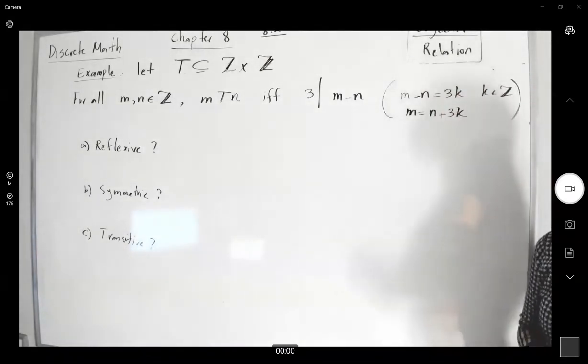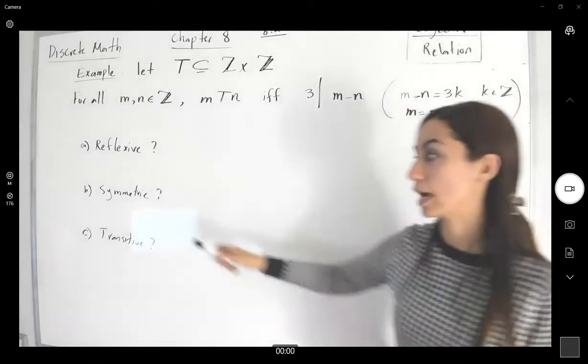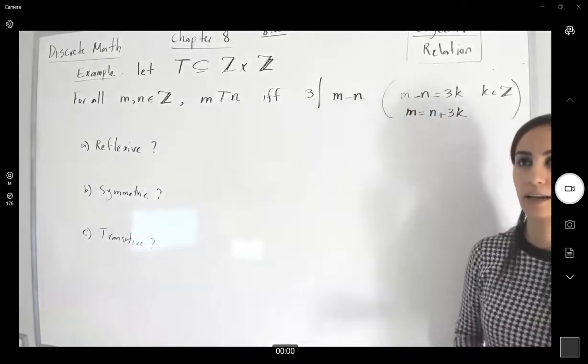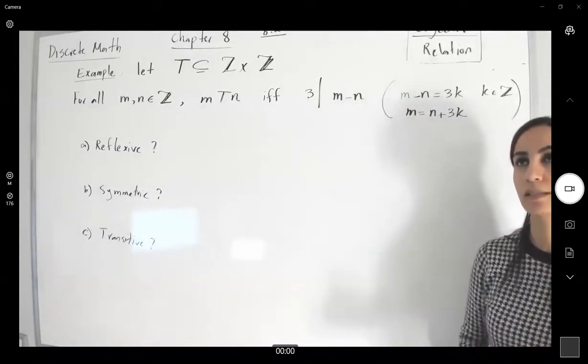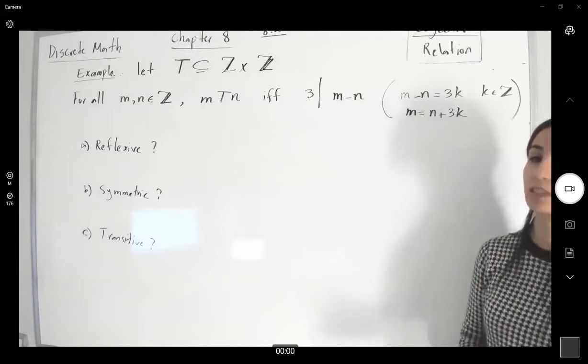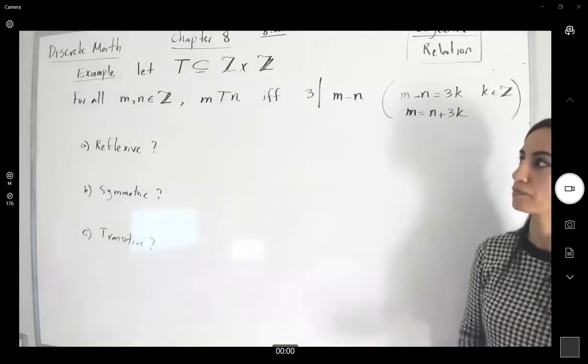Okay, the question says, well, do you have a reflexive relation? Do you have a symmetric relation? Do you have a transitive relation? And another question for you is, can you generalize this into divisibility by like L?